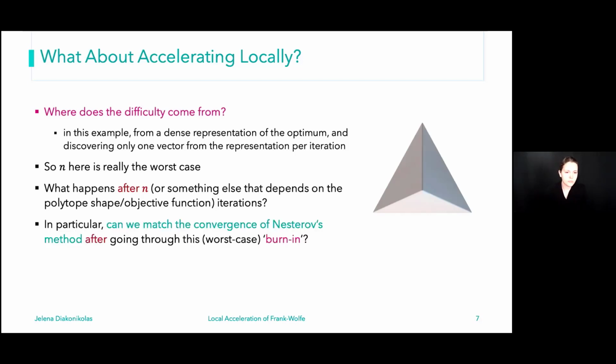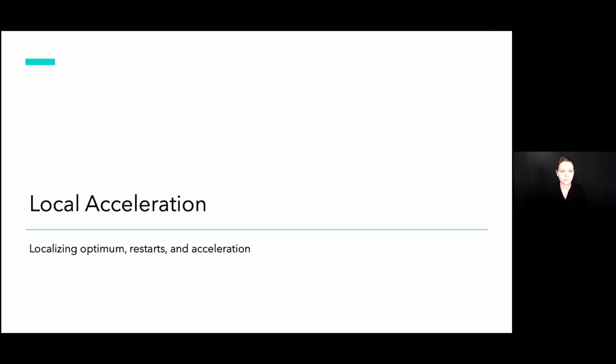And in particular, can you then get this accelerated rate? And we show that the answer is yes. So after some finite burn-in time, then you can actually get this nice accelerated convergence.